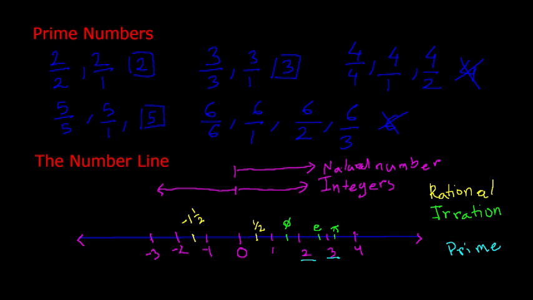Now if we consider all of them together, it goes this side and this side. This is the real number line. All of the numbers that can be on this number line are called the real numbers.